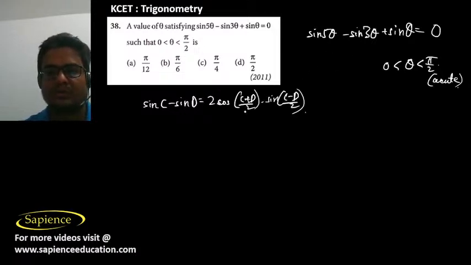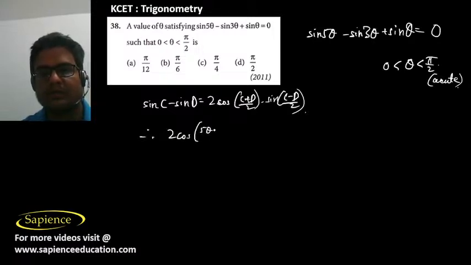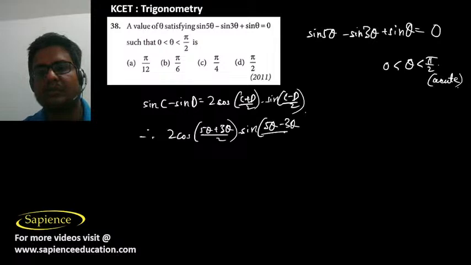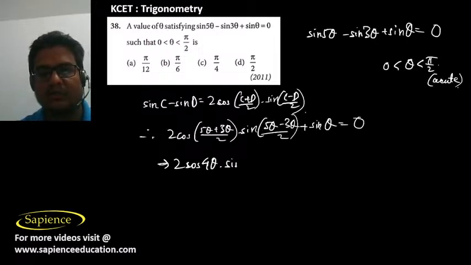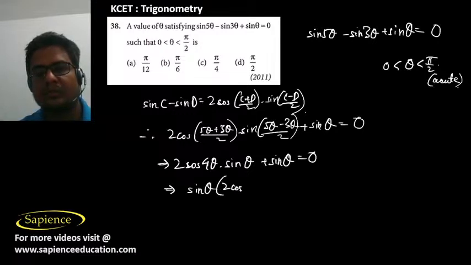Therefore this expression is 2 cos of (5 theta plus 3 theta) by 2 into sine of (5 theta minus 3 theta) by 2 plus sine theta, that is equal to 0. So it means 2 into cos 8 theta by 2, that is 4 theta, into sine 2 theta by 2, that is theta, plus sine theta equal to 0. So therefore we can write sine theta into 2 cos 4 theta plus 1, that is equal to 0.